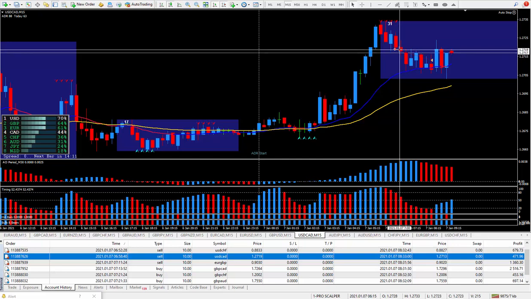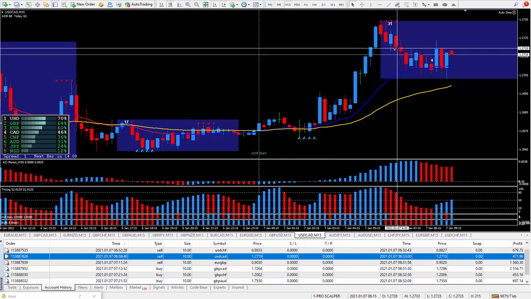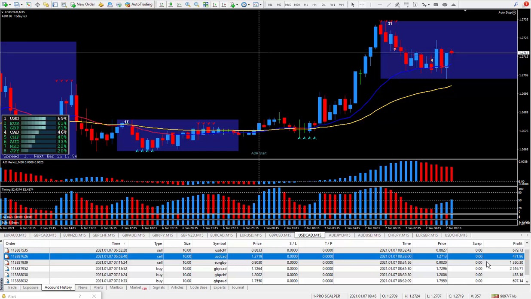So I took the trade at this cursor, I sold it. Looks like it went against me about 4 pips, and I closed it out here with 6 pips. As I said, I was just looking to scalp, and those 6 pips on the dollar CAD paid $471.